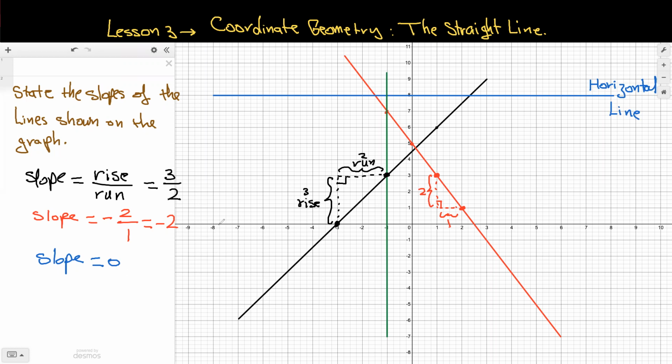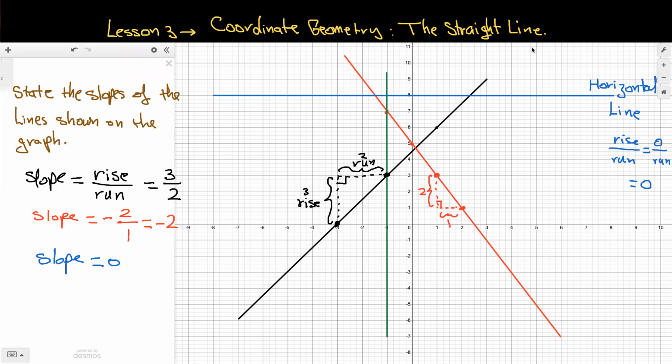Also, if you're thinking of rise over run, is this line rising at all? No, it's not. It's rising 0. Is it running? Yes, it is running. So 0 over the run. 0 divided by anything always gives you 0, and that's why we got 0.